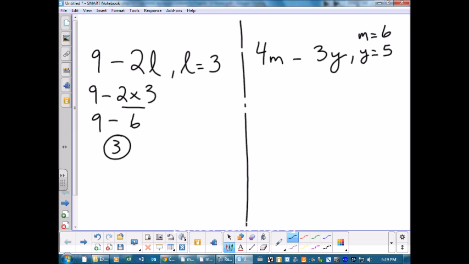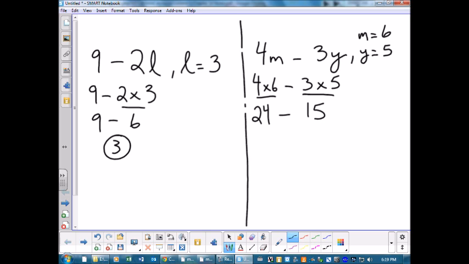Okay, so then we have 4 times m, which is 6: 4 times 6 minus 3 times 5. So we're going to multiply first. You can do it in however many steps you want, but you can actually do both of those in the same step. So 4 times 6 is 24, minus 3 times 5 is 15.